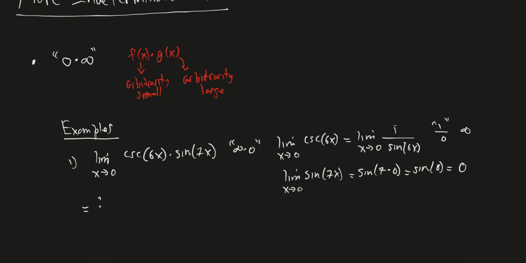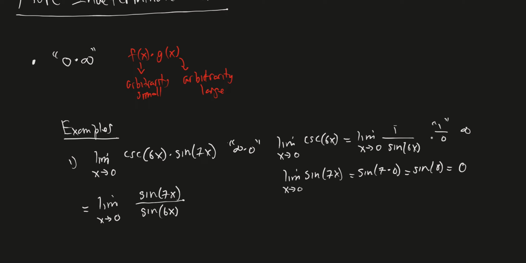Just by using our reciprocal identities from trig, if I take the reciprocal of cosecant of 6x, then in the denominator I will have the sine of 6x, and in the numerator I'll be left with the sine of 7x.